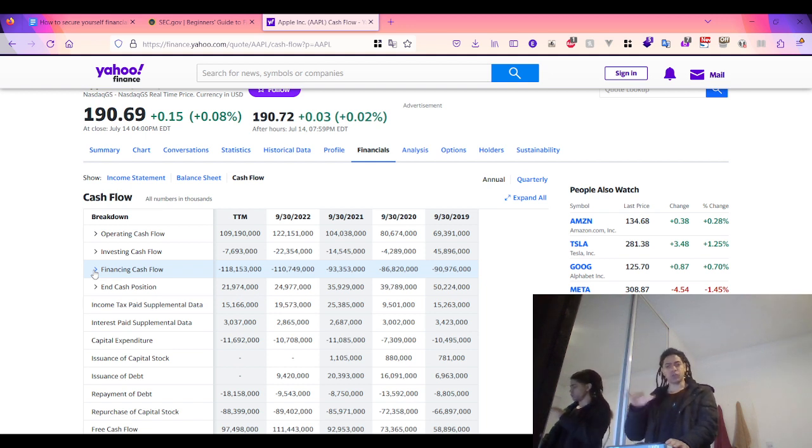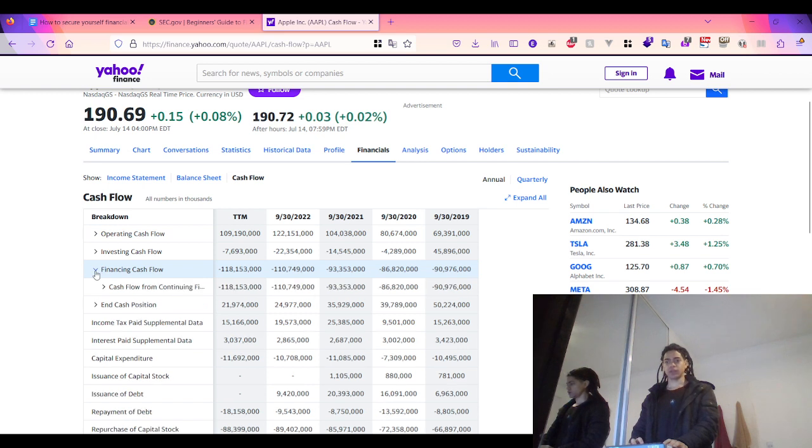And so with that, when it comes to the financing cash flow, this section is so important for investors because it can help show how often this company is raising funds and where these funds are coming from.